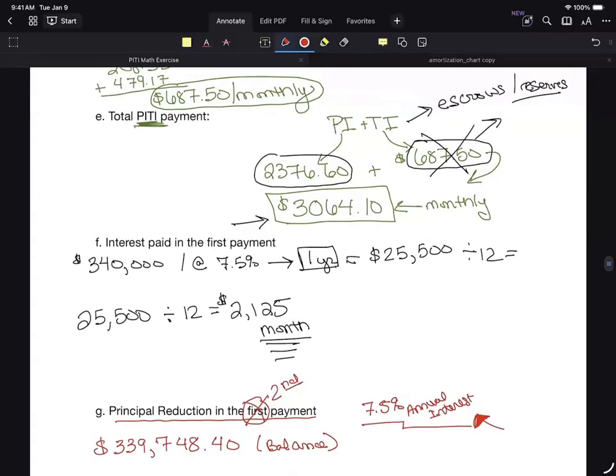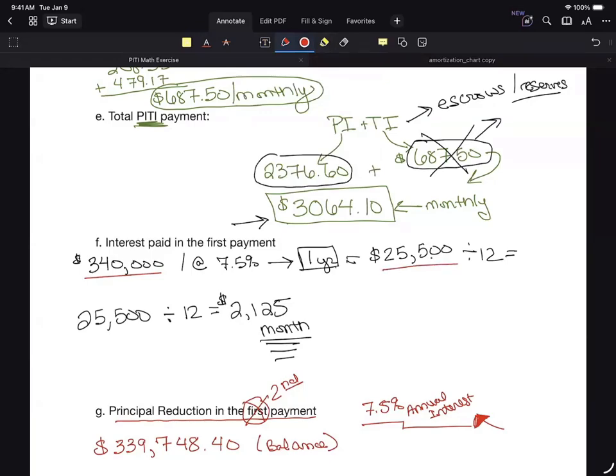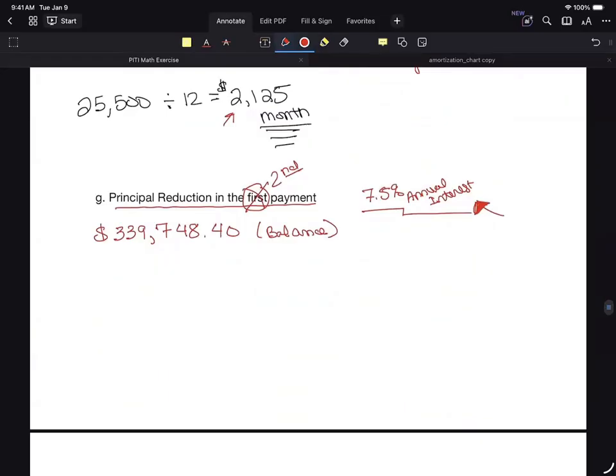Last time, what we did is we said we owed 340, and if we borrowed 340 for a year, that would be 25,500 for a year, and then we divided by 12 to find 2125 a month. Right. So actually we're not finding principal, we're looking for interest.